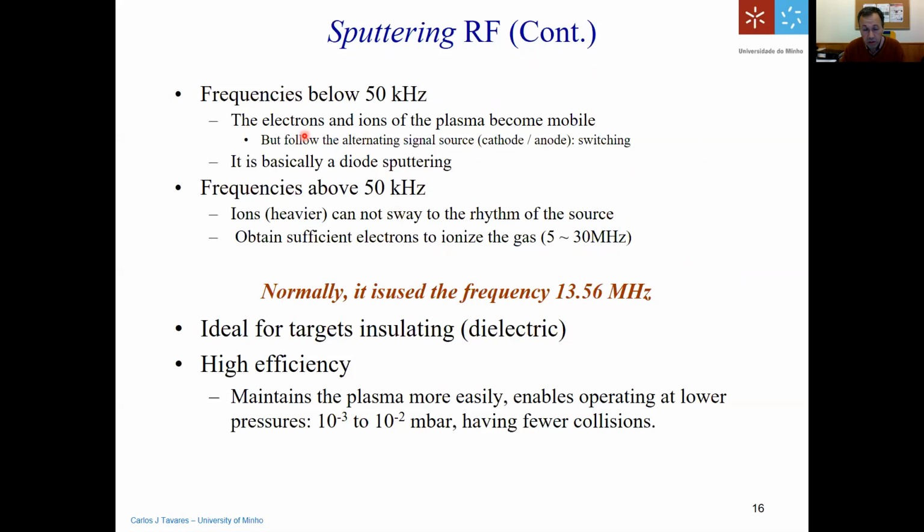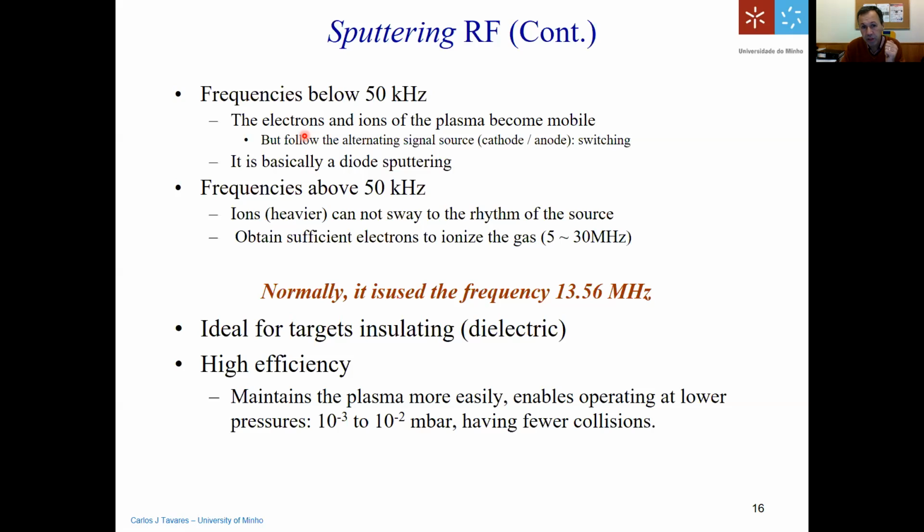So the alternating electromagnetic field will impact not only the electrons but also the ions. So it's basically diode sputtering. What does it mean, impact? It means that both the electrons and the ions are swaying, dancing with this alternating potential.